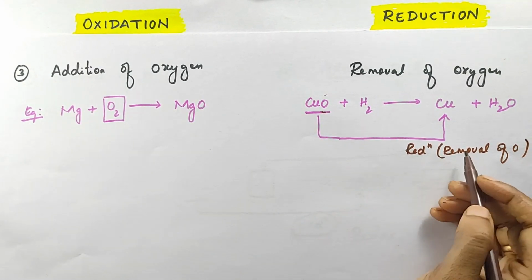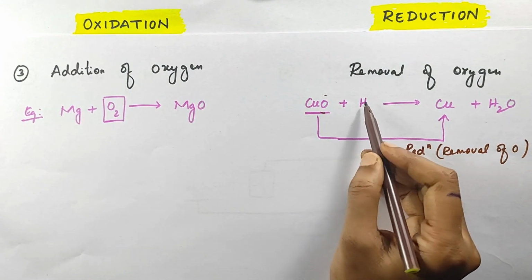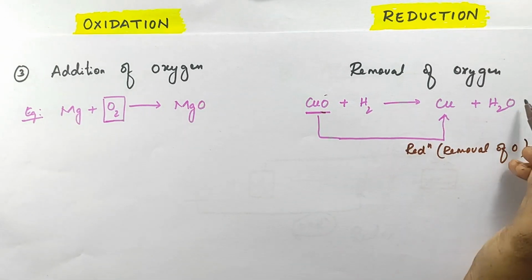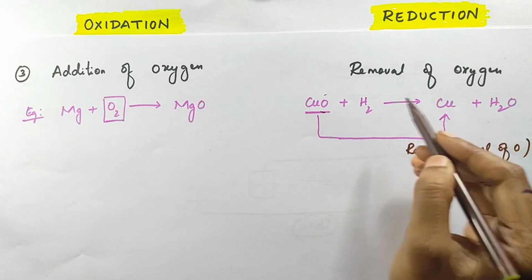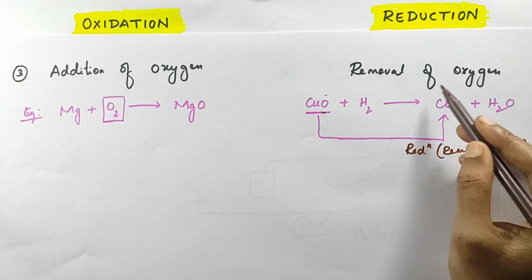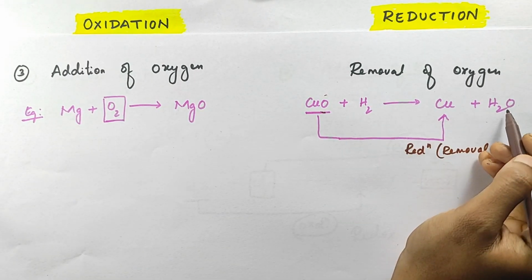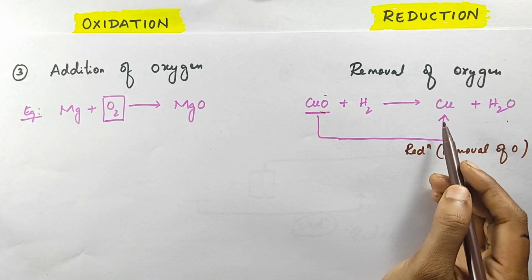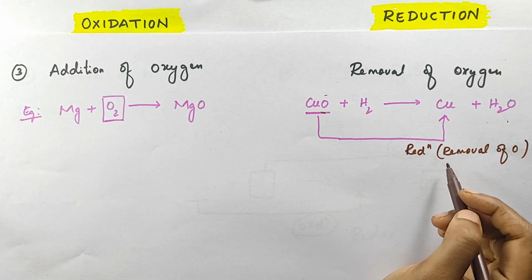In this example, the hydrogen in the reactant is converted into H2O. That means oxygen is added here. This process is called oxidation. So in this reaction you can observe two types of reaction, oxidation and reduction.